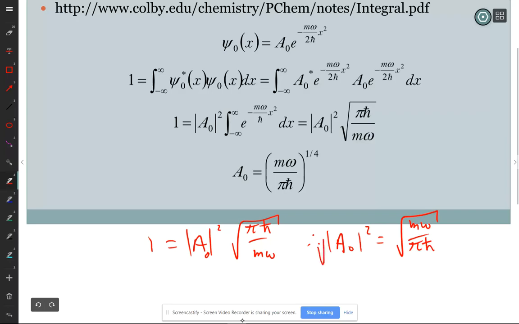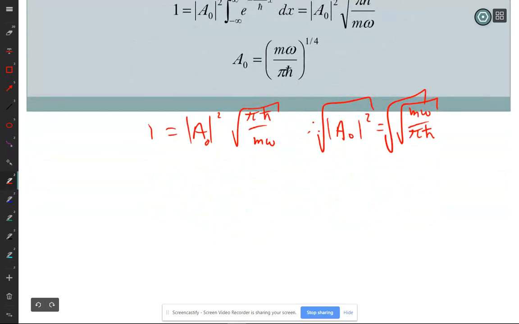Square root both sides. When you square root both sides, of course, the square root becomes a fourth root. And so you have A0 equals, I'm going to just put e to the i theta times m omega over pi h bar to the 1/4 power. What does e to the i theta mean?